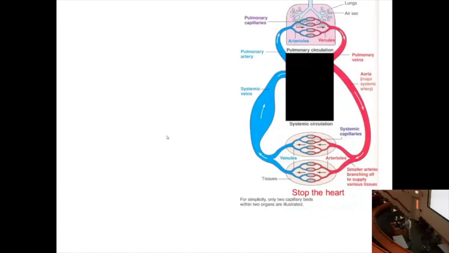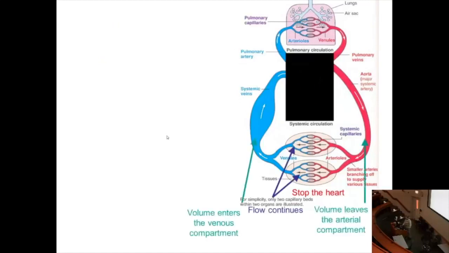So again, here's our system at steady state. Here we stop the heart. Flow continues. Volume enters the venous compartment and volume leaves the arterial compartment because there's still a pressure gradient there and it flows, right? So what will happen to the arterial and venous pressure when that happens?